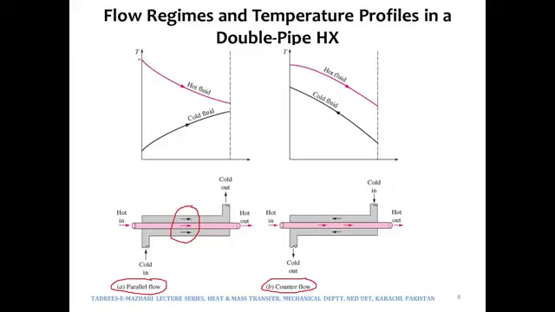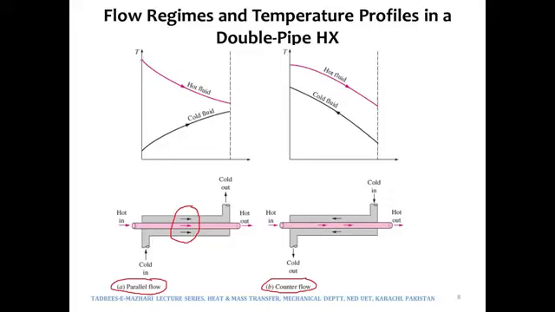So when we take a look at the temperature profile in case of parallel flow, we can see over here that there are in fact four temperatures: hot in, hot out, cold in, cold out, right? We may call it T_H,in, T_H,out, T_C,in, T_C,out.